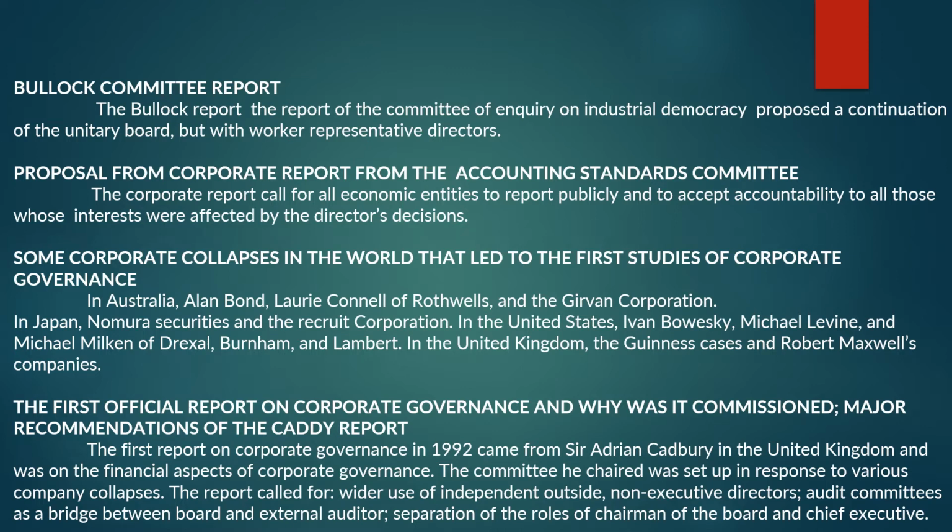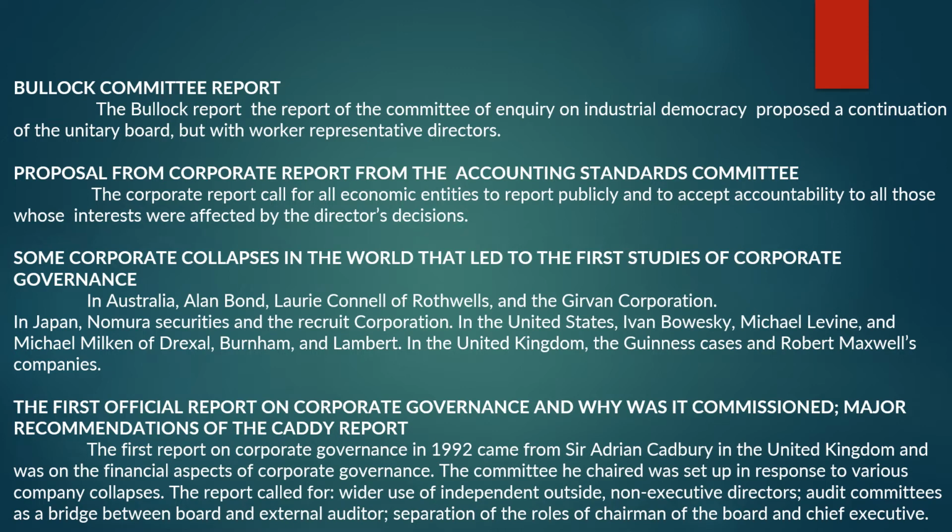In the United States, Ivan Boesky, Michael Levine, and Michael Milken of Drexel Burnham Lambert. In the United Kingdom, the Guinness case and Robert Maxwell's companies are all examples of corporate bodies that collapsed and whose collapse led to the first studies of corporate governance.